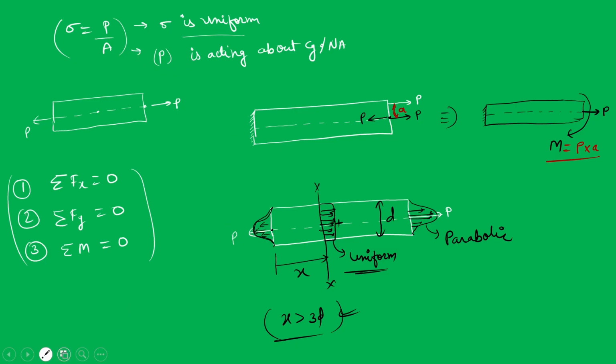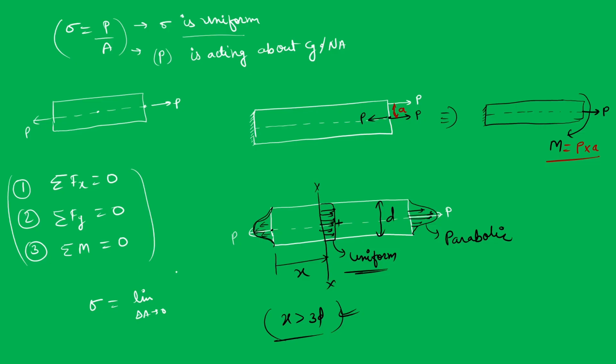And let's say that if something is like that, if I say sigma is equal to the limit as delta A tends to 0, and if I write it like this, I may write some function of x and y.